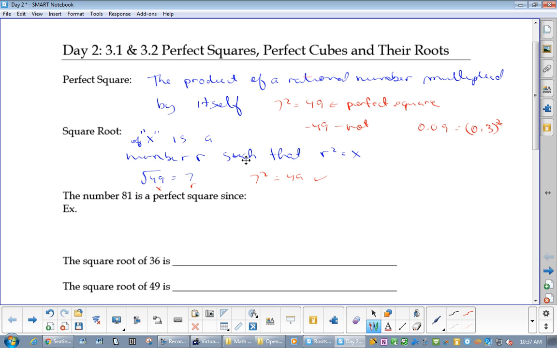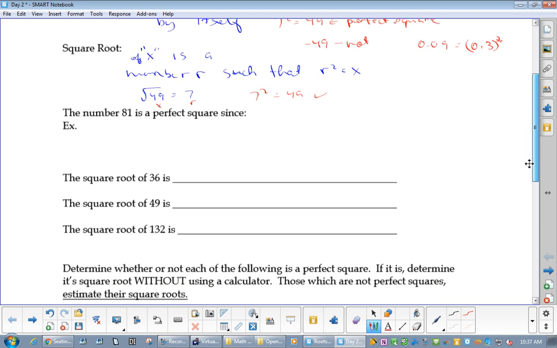Now, we already talked about the number 81 being a perfect square because 9 squared equals 81, or the square root of 81 equals 9. Okay, the square root of 36 is 6. The square root of 49 is 7.